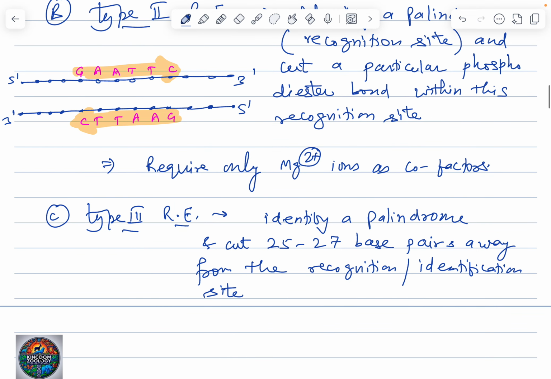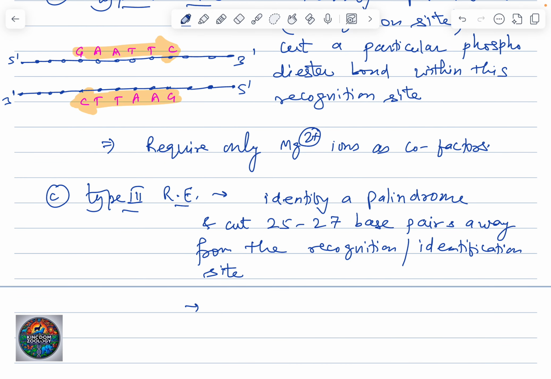So these enzymes are called type 3 restriction endonucleases, and just like type 1 endonucleases, they also require magnesium ions and ATP as their cofactors.